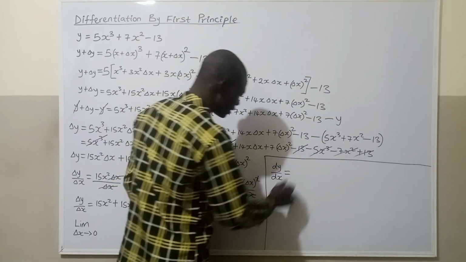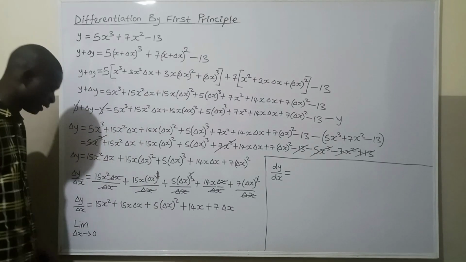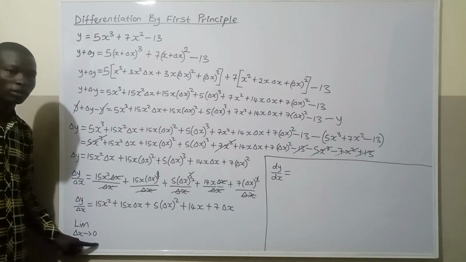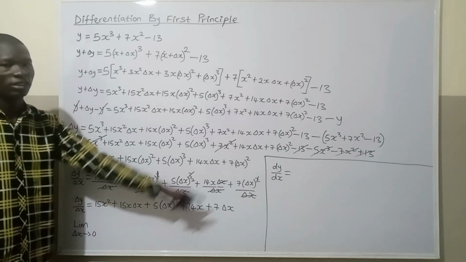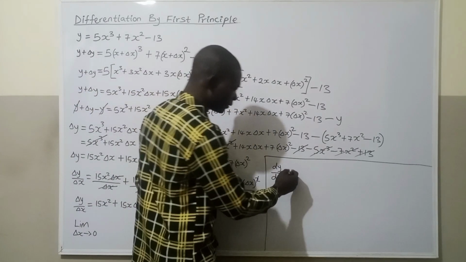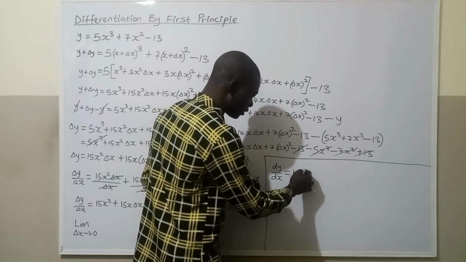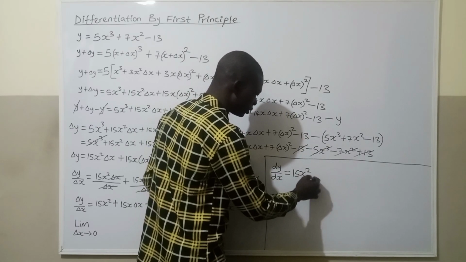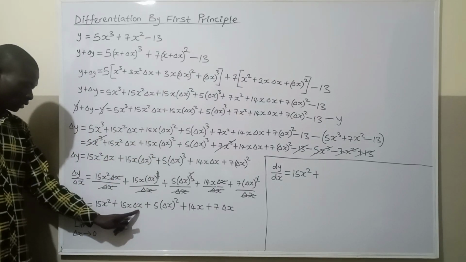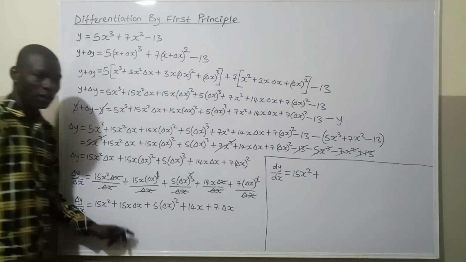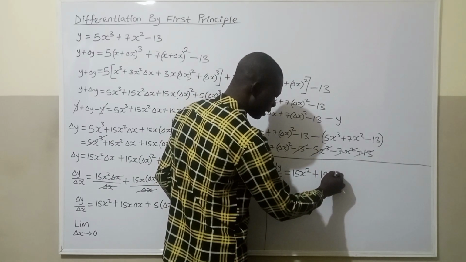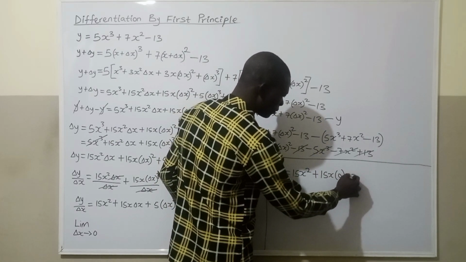And when we have dy by dx on the left hand side, what happens to the right hand side? Anywhere we see delta x, because it has been tended towards 0 now, we put 0 in its place. So here we have 15x squared. It's still going to remain as 15x squared. No delta x attached to it, so it remains as it is. Plus the next one, 15x delta x, that's 15x multiplying 0.